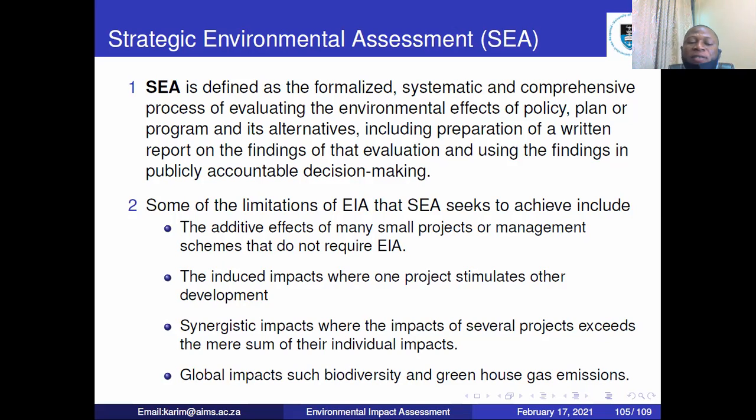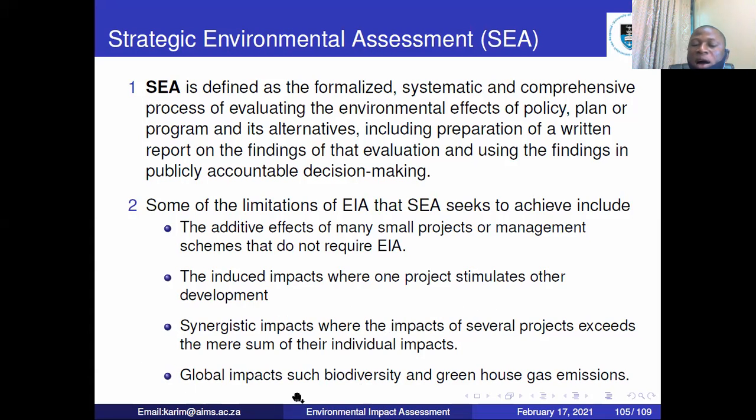And then we have the synergistic impacts, where the impact of several projects exceeds the mere sum of their individual impacts. You may have them together and individually, they don't produce much. But when you sum the impacts together, it is too much.